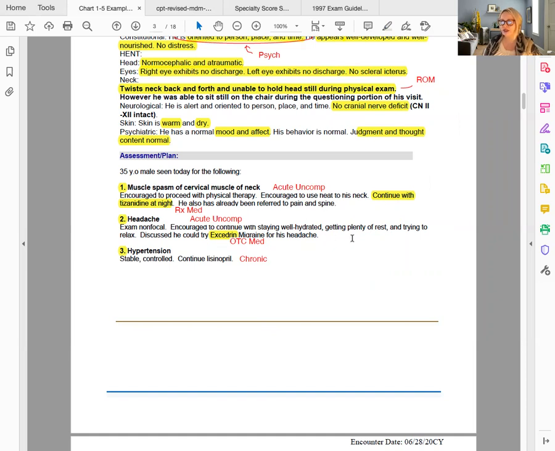They're encouraging them to still stay well hydrated and take some over-the-counter meds if your headache doesn't resolve. Most likely, they came into the office and just mentioned they had had a headache for a few days. Very likely, that headache's possibly related to the muscle spasm in the neck. And then as far as the hypertension, there's nothing indicating any concern. In fact, it's stable.